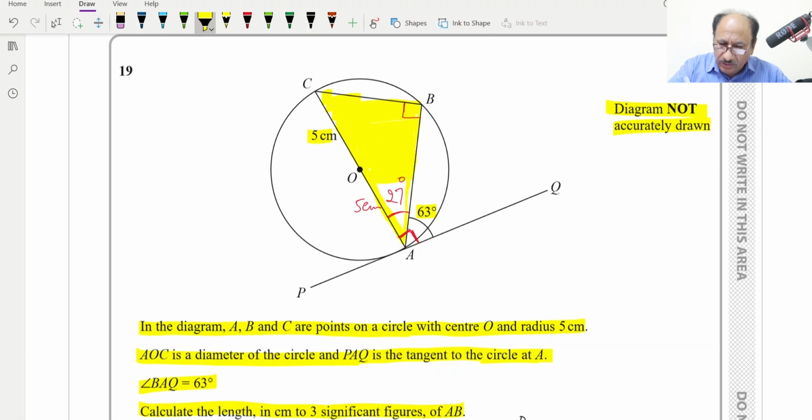Now we are considering this highlighted triangle, and in this triangle we will be finding the length. We have the length of diameter, which is AC, which is 10.